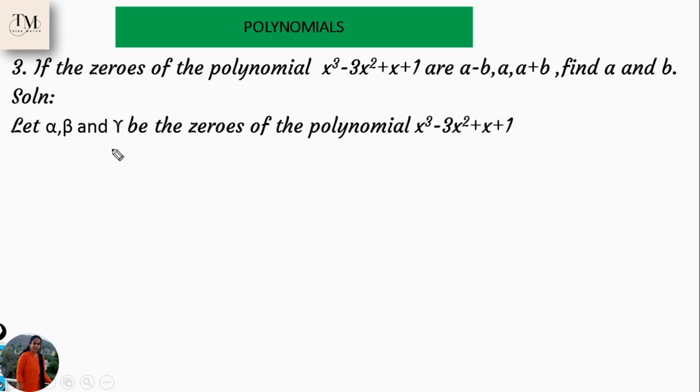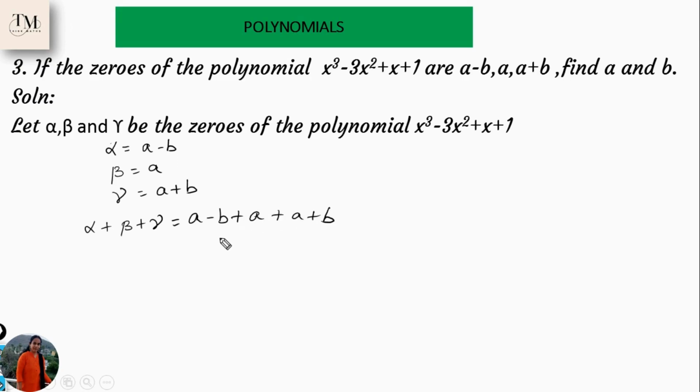So I took the root as alpha, but they gave it as a minus b. So beta is equal to a, gamma is equal to a plus b. We know that alpha plus beta plus gamma is the sum of the roots, so a minus b plus a plus a plus b. What is the sum of the roots?